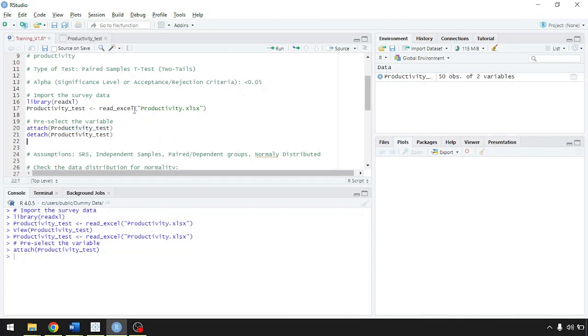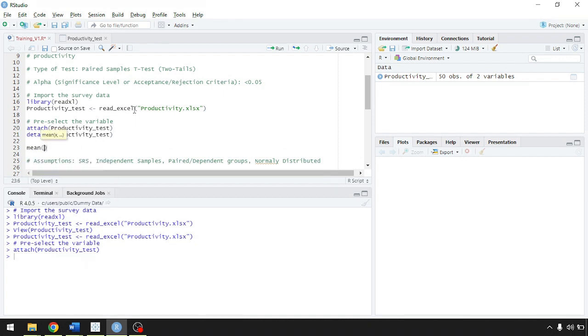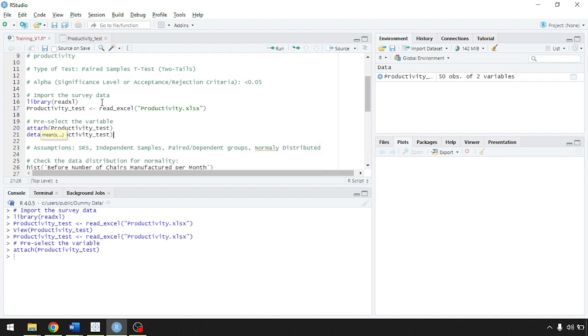In other words, when we would like to get the mean or average of, let's say, the number of chairs manufactured per month before, if we call the attach command, we don't have to write the name of the variable, which is productivity, every time, and then the dollar sign and the name of the field. We can simply type in the name of the field because R already knows what variable to call the field from.